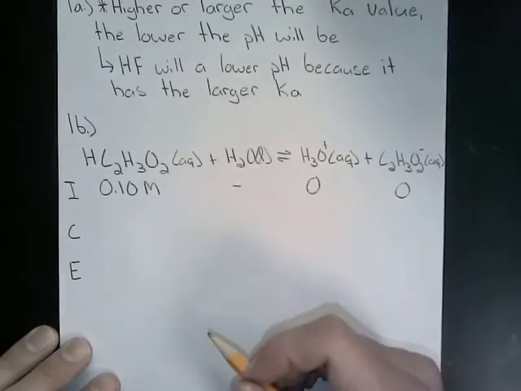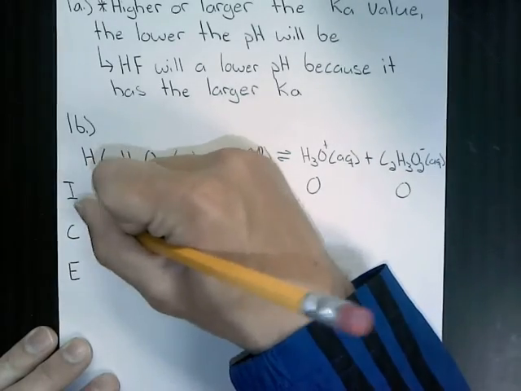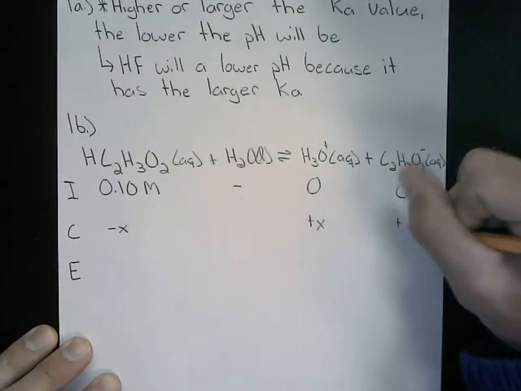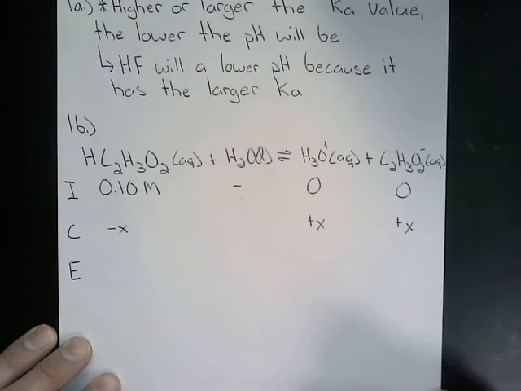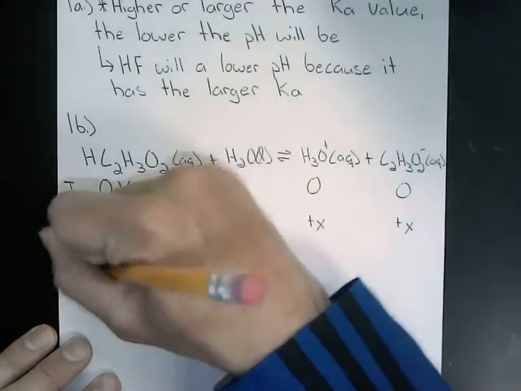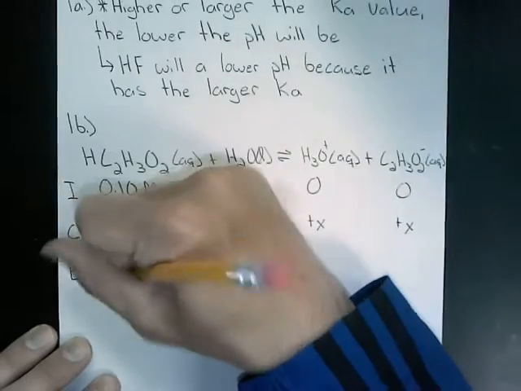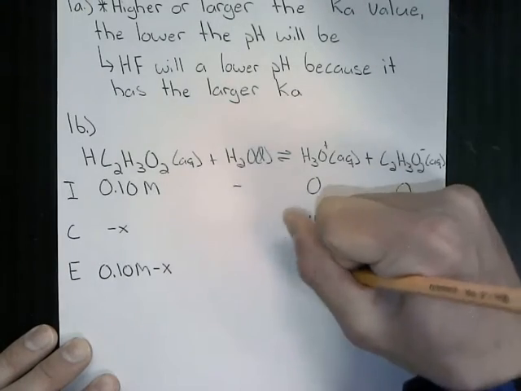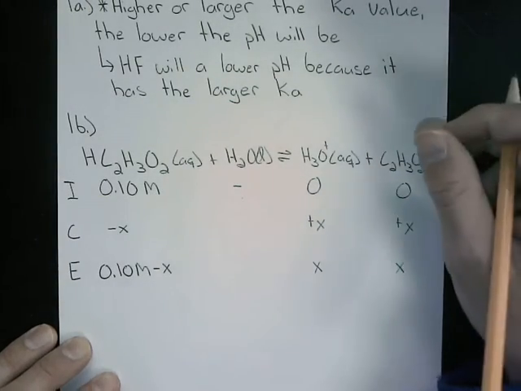Now the change is just going to be subtracting that X and adding that X on our acetate and our hydronium ion. Now at equilibrium, the expression would be written as 0.1 molar minus X, X, and X.